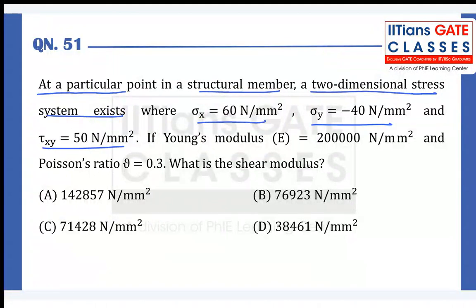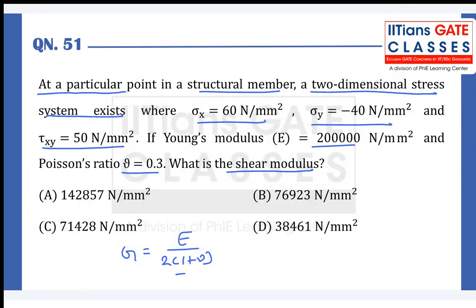If Young's modulus E equals 2 lakh Newton per mm square and Poisson's ratio is 0.3, what is the shear modulus? From basic elasticity, the shear modulus G is E upon 2 into (1 plus nu). Just using this formula we can get the answer.